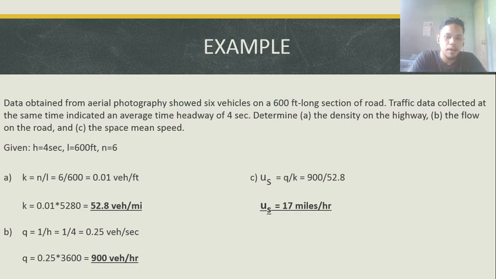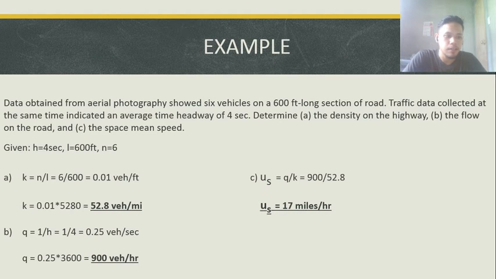First, the density on the highway, with the formula K is equal to the number of vehicles over length. So 6 over 600 is 0.01 vehicles per foot. Converting it to miles, times 5,280, gives 52.8 vehicles per mile.